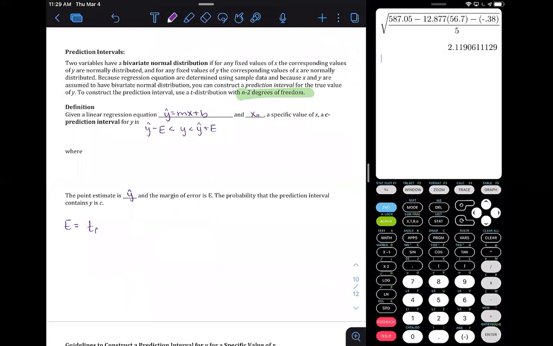So we have our critical value, t sub c, which is going to come from table 5, times S sub E, which is what we just found, times the square root of 1 plus 1 over n plus n times x sub 0 minus x bar, quantity squared, divided by n times the summation of x squared minus the summation of x, quantity squared.